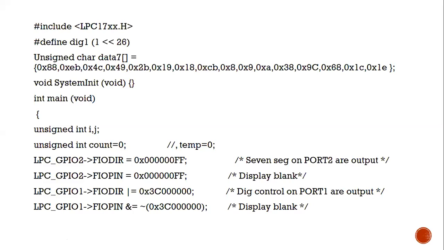Unsigned character. And I am going to give it the values starting from 0x88, 0xEB, 0x4C, 0x49, 0x2B, 0x19, 0x18, 0xCB, 0x8, 0x9, 0x8, 0x38, 0x9C, 0x68, 0x1C, and 0x1E.